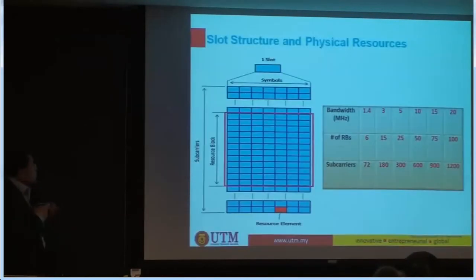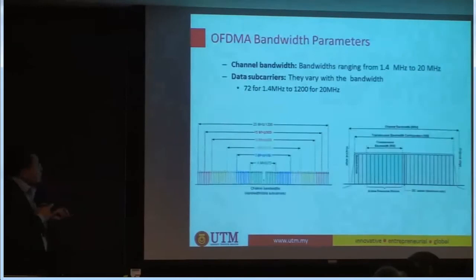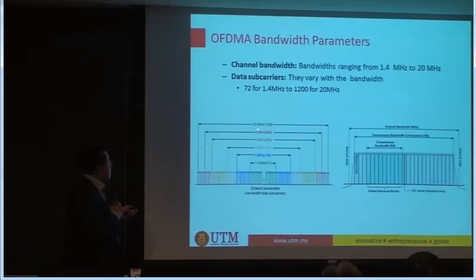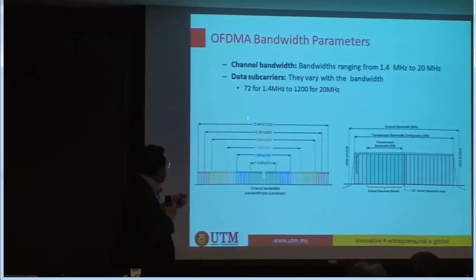We have seen that yesterday, and there was a question from a participant asking: we have 20 megahertz, for example, but the bandwidth when we calculate is not actually occupied directly in 20. When we say 1.4, 3, 5, 10, 15, 20, this is the channel bandwidth. So the occupied or transmission bandwidth is less than that.